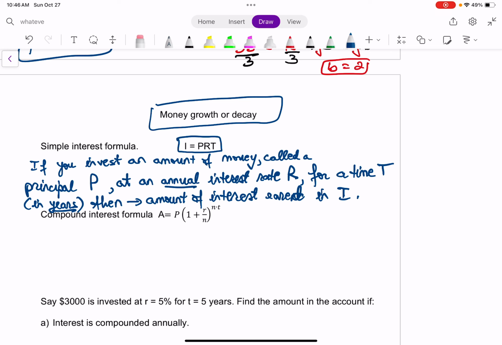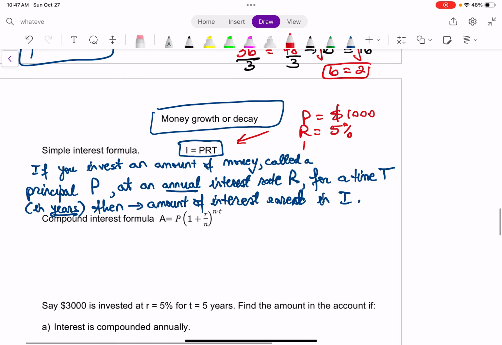So let's say for this problem here, you might invest $1,000. Maybe you have $1,000 lying around. And the bank offers you a 5% annual interest rate. So in other words, every year your money grows by 5% of what you have. And you leave the money in there for 3 years.